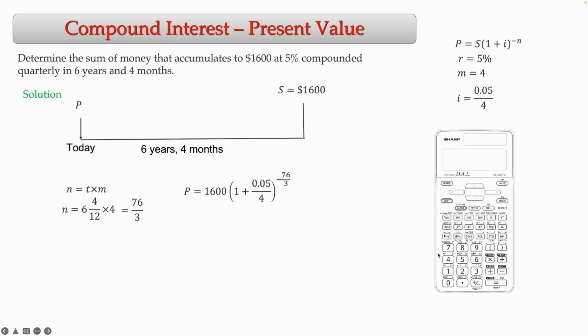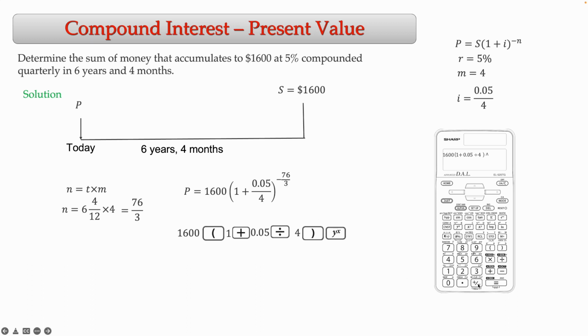With your calculator, 1600, open bracket, 1 plus 0.05 divided by 4, close bracket, and then to the power, let's see here the key power, minus 76 over 3.